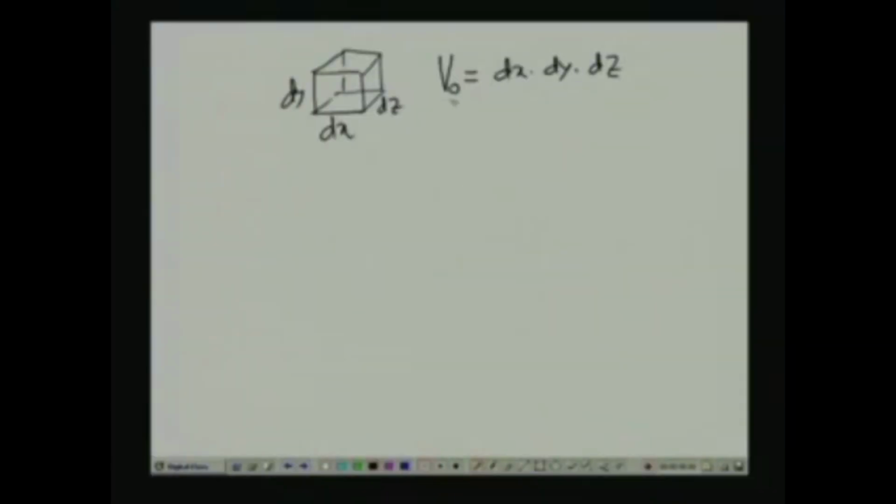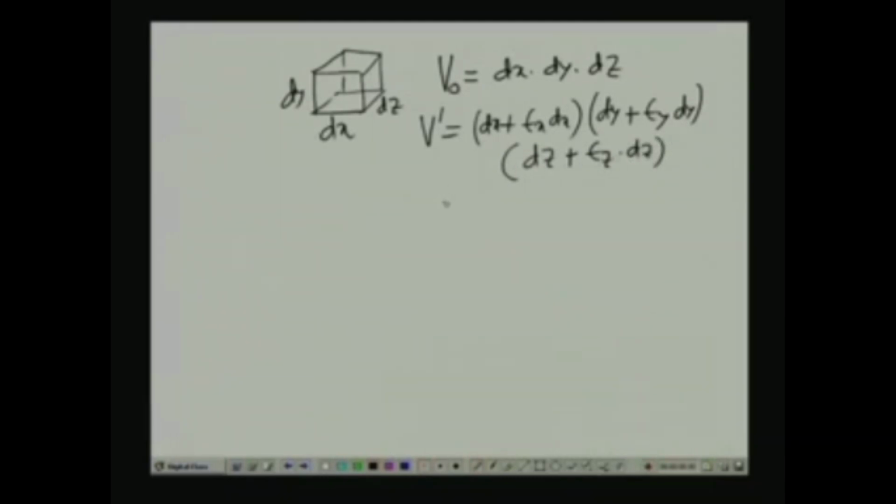So, the changed volume, let us call this V dash, will be equal to dx plus epsilon x dx, the changed length in the x direction, times dy plus epsilon y dy, the changed length in the y direction, multiplied by dz plus epsilon z dz. Or this we can write as dx dy dz, if we take it out, times 1 plus epsilon x into 1 plus epsilon y into 1 plus epsilon z.